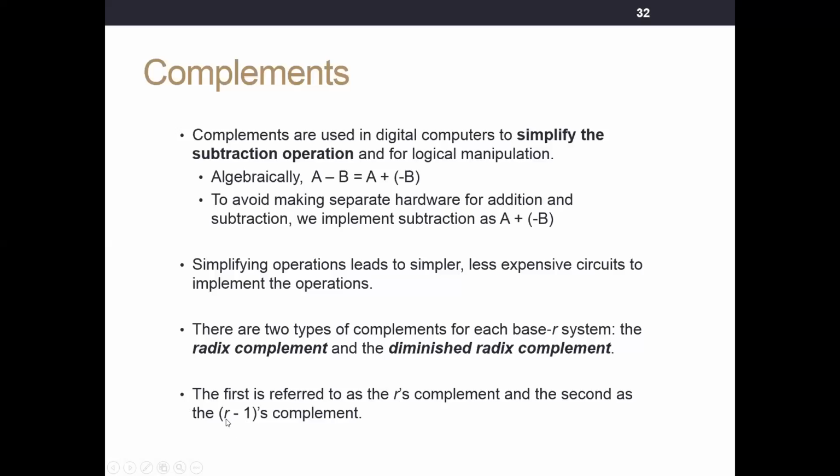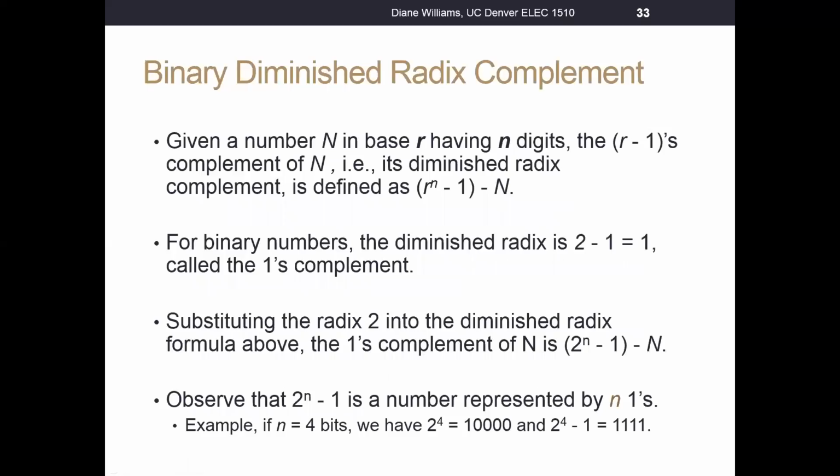In a base 2 system, 2 minus 1 is 1, so we'll refer to this as the 1's complement. So for binary numbers, the diminished radix is 2 minus 1 equals 1. It's called the ones complement.